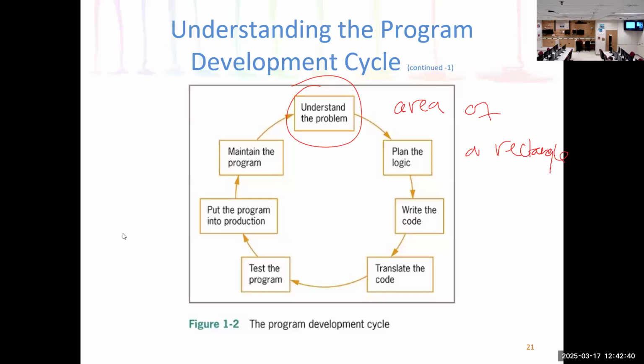So basically, for understand problem, that is a step where you identify what is the expected output. For sure, for this one, I need the area. That's the expected output. So from the expected output, I can figure out what I need in order to figure out the area. I know that in order to figure out the area of a rectangle, I need the dimensions.